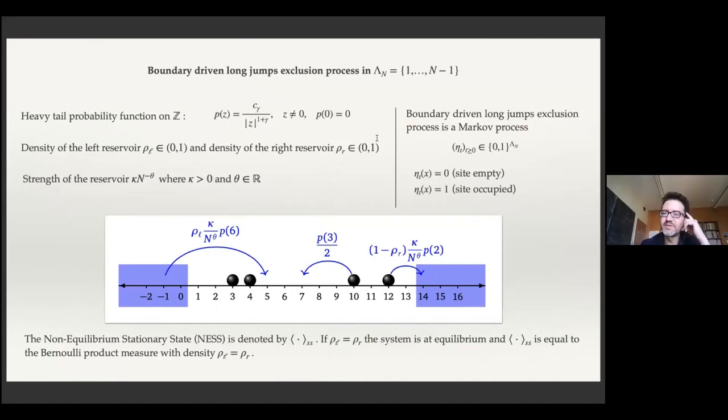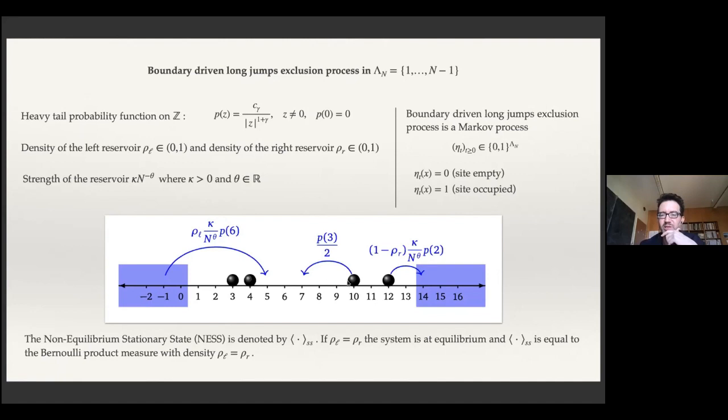To be more precise about the systems that I will describe, let me give the example of the lattice gas I will be interested in, which is in fact a very well-known system: the exclusion process, on the lattice, in contact with reservoirs, as you can see in the picture here.